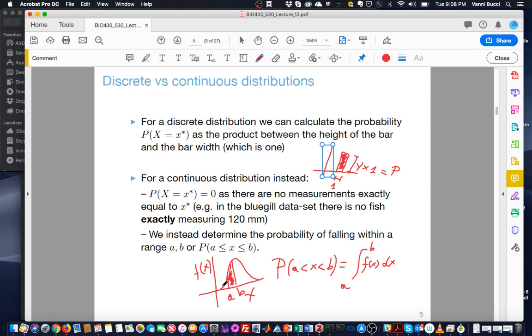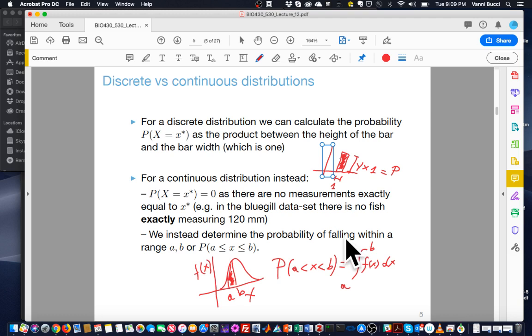So the curve, your f(x), is also called the probability density function. The probability, which is the chance of finding an observation contained between two values a and b, is the integral between a and b of your probability density function.